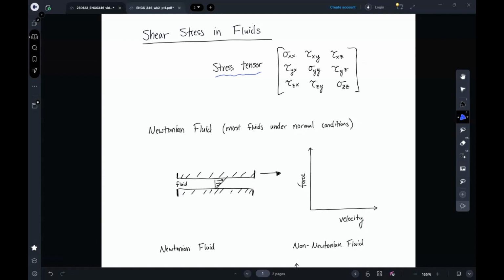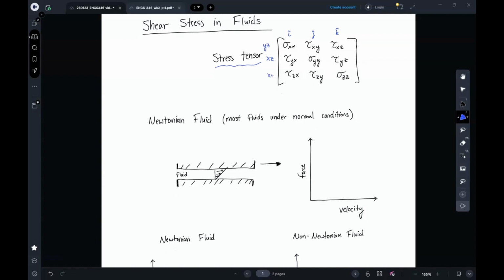So we have right here the I direction, the J direction, and the K direction. Here this would be the YZ plane. This would be the XZ plane, where Y is the outward normal. And the last one, Z is the outward normal, so it'd be the plane in the XY dimension.